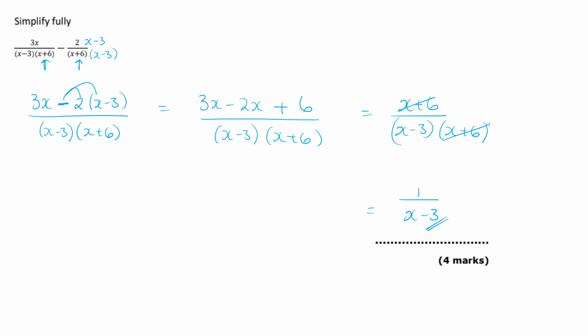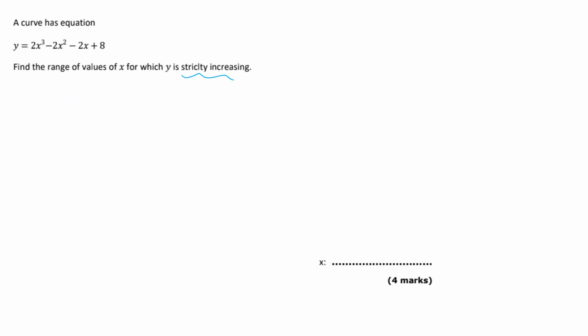A curve is strictly increasing when the gradient is going uphill. So if we do dy by dx and make that bigger than 0, we're going to get 6x squared minus 4x minus 2. That has to be bigger than 0. I can see I've got all even terms, so take a factor of 2 out.